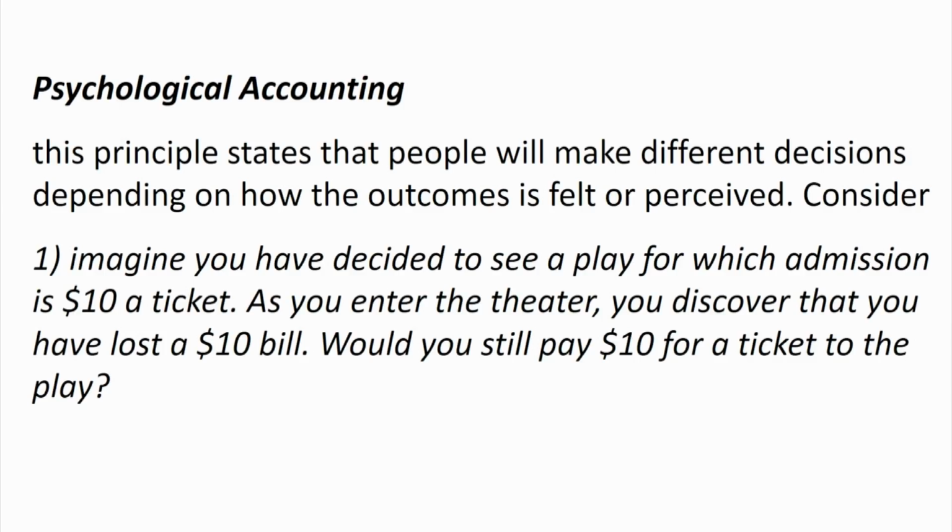Now, another interesting output of prospect theory is something called psychological accounting. It is one of those features, one of those ways in which people make decisions. And what does it say? This principle says that people will make different choices depending on how the outcome is felt or perceived.